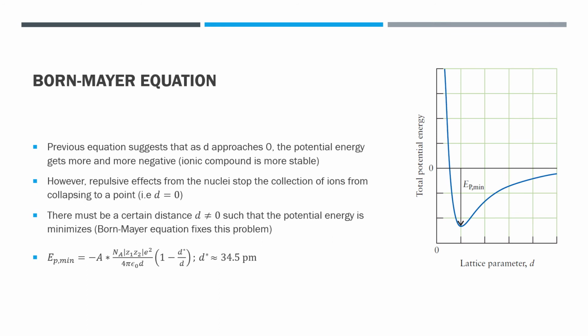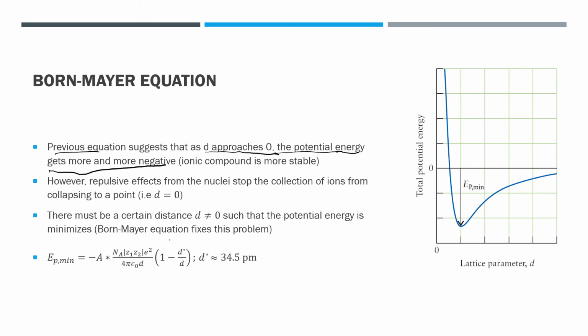So let's talk about the Born-Mayer equation. We talked about the other equation for potential energy of lattices, right? And you might have noticed that as D approaches 0, the potential energy gets more and more negative in the previous equation. This is very, very important, right? Because this is wrong.